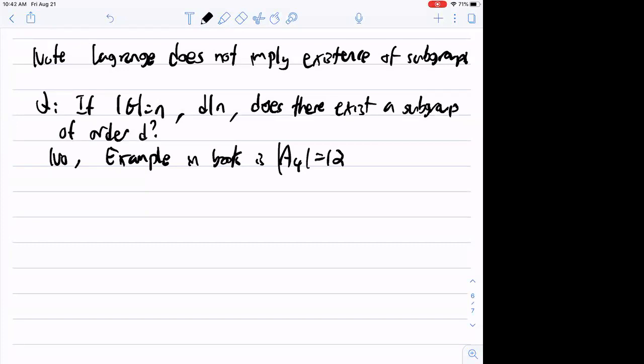And they show there is no subgroup of order 6. Six divides 12, but Lagrange does not say whether there is a subgroup of any order dividing the order of the group. It just says that if you do have a subgroup, then the order of that subgroup must divide the order of the group.